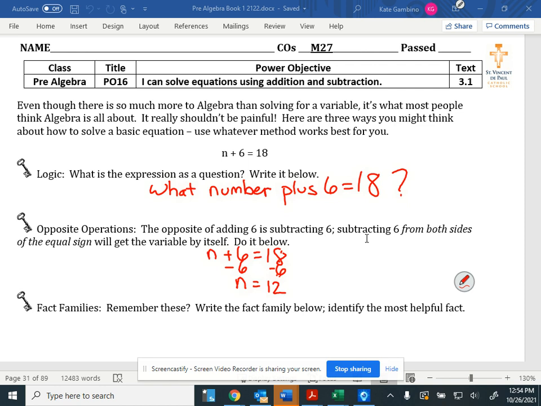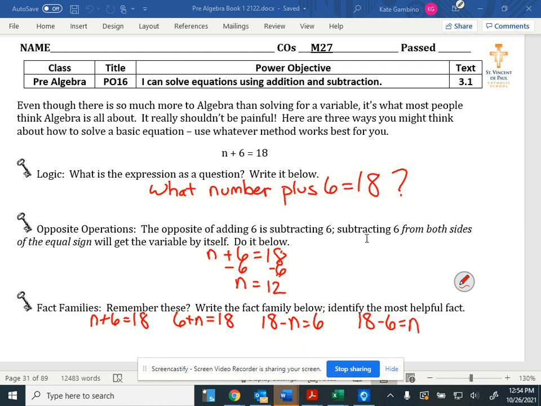So now we have a fact family with our equation. We can have n plus 6 equals 18. You could have 6 plus n equals 18. And you could have 18 minus n equals 6. And 18 minus 6 equals n.